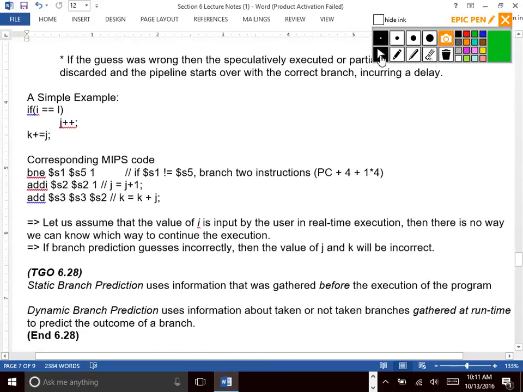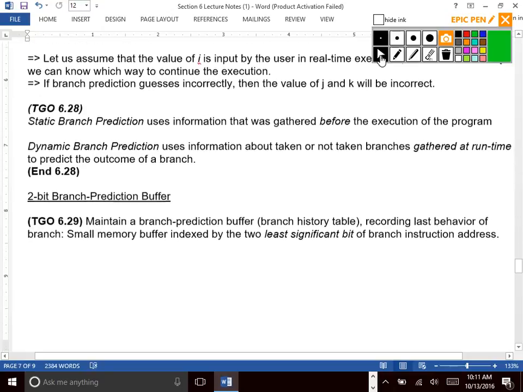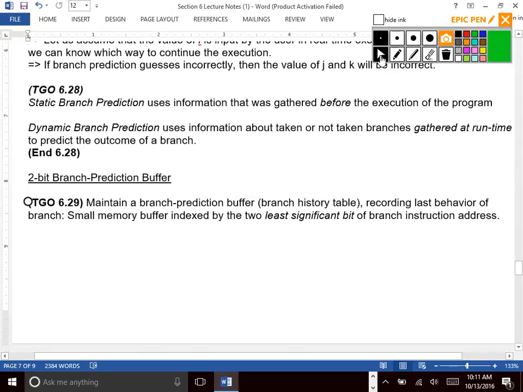And so there are two types of branch prediction, static and dynamic. Static branch prediction is what happens when we use information that was gathered before the execution of the program. As we're compiling the program, we figure out that more than likely we're going to be branching a certain percentage of the time.